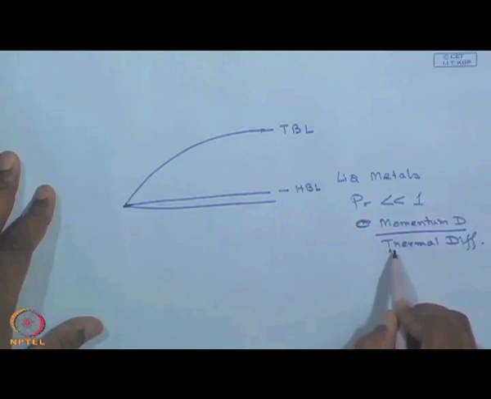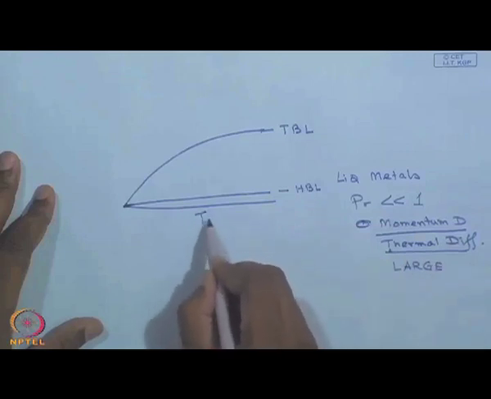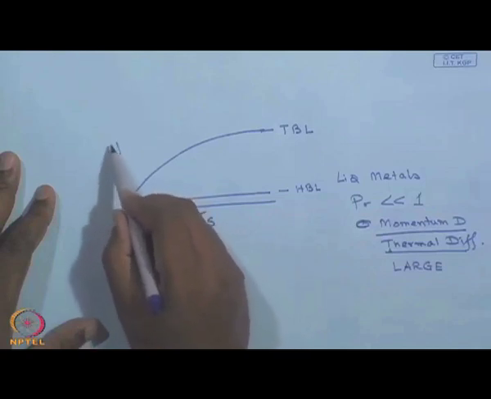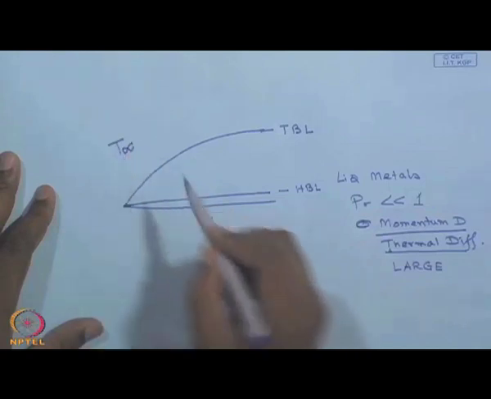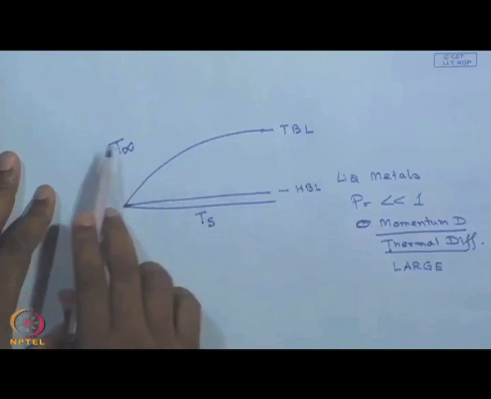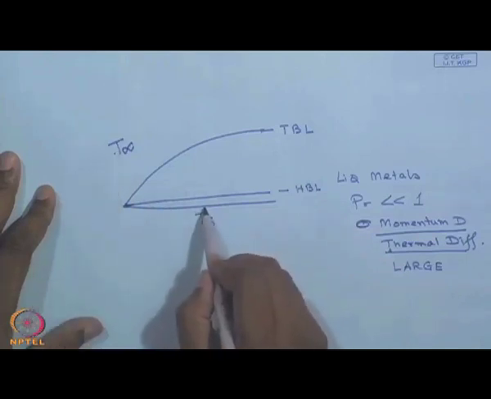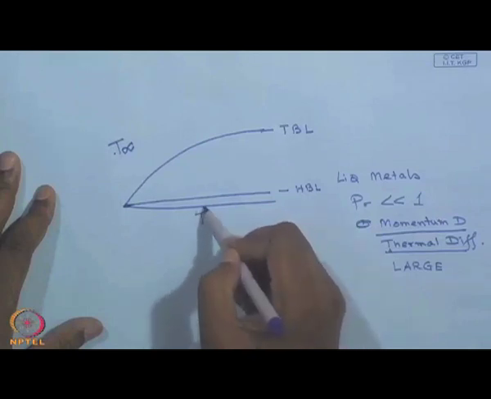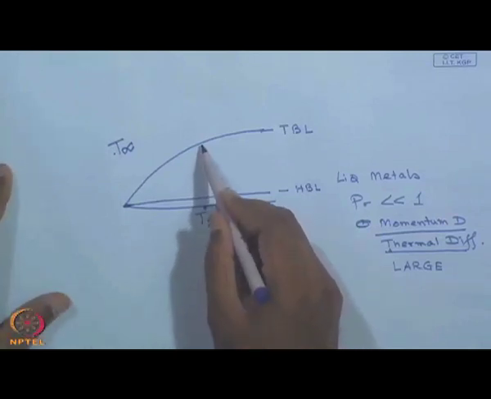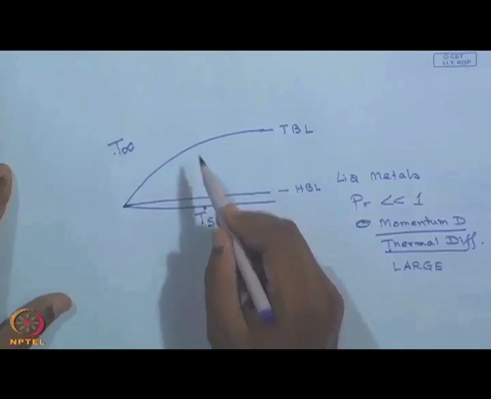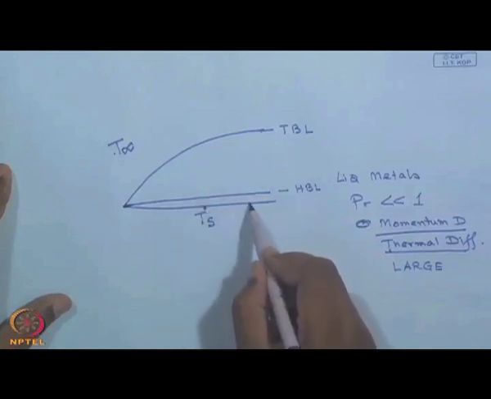Now, if the value of thermal diffusivity is large, then it simply tells us that the effect of the temperature of the solid plate, which is in contact with a liquid, since Ts is different from T infinity, then the effect of the hot plate will be felt at a much greater depth compared to the effect of the plate when we talk about velocity.